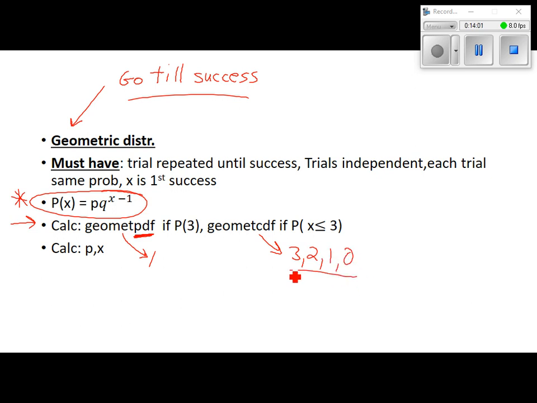Find the probability of all of those from that number down. When you're putting them into the calculator, you just put in P and X. So you put in your probability and you put in your X, and it's probably got parentheses around it again on the calculator. Some of your calculators, some of them don't.